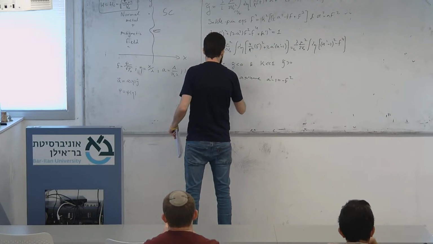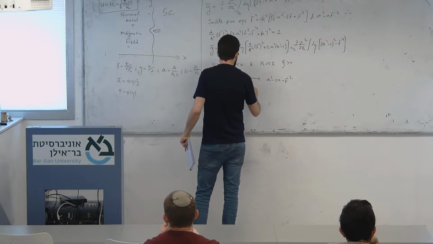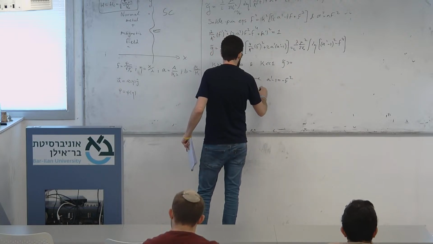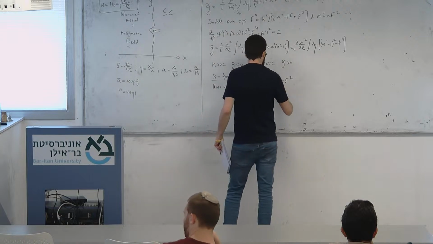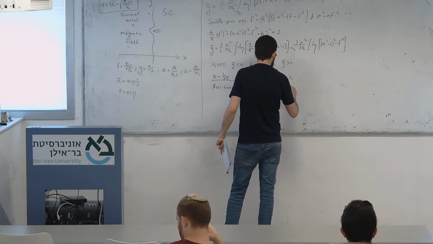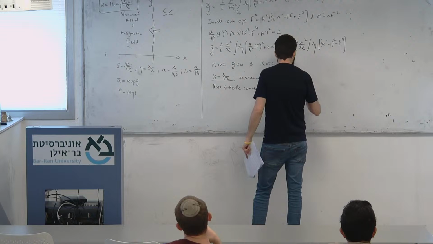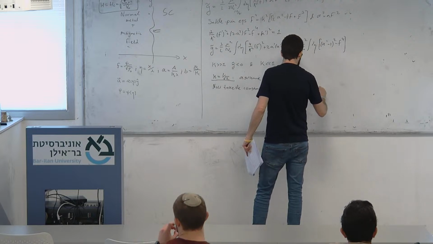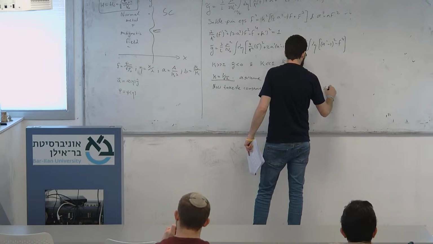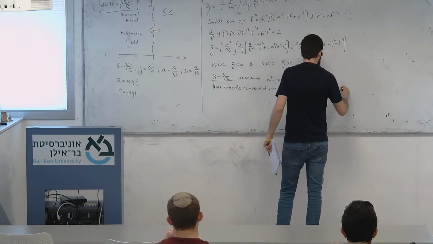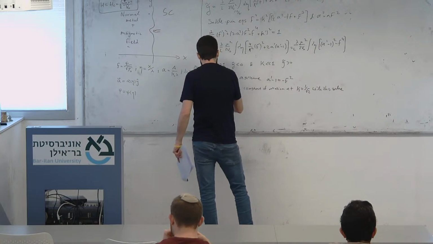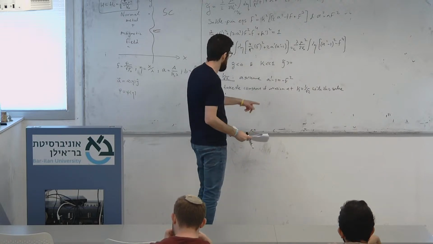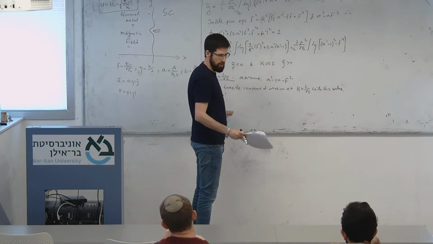Now take the constant of motion at kappa equal to 1 over square root of 2 with this value of a prime, or f squared, it doesn't matter.